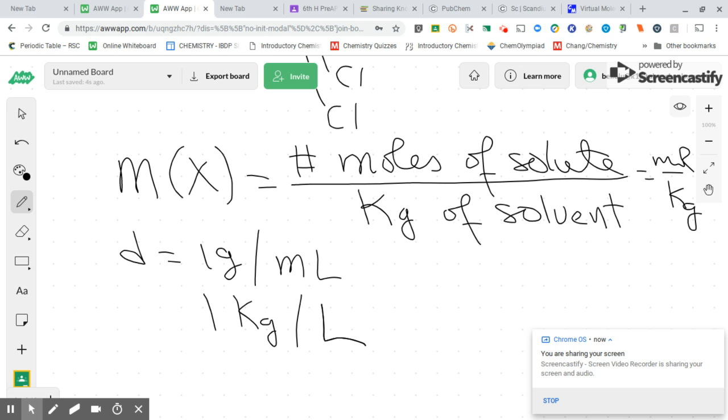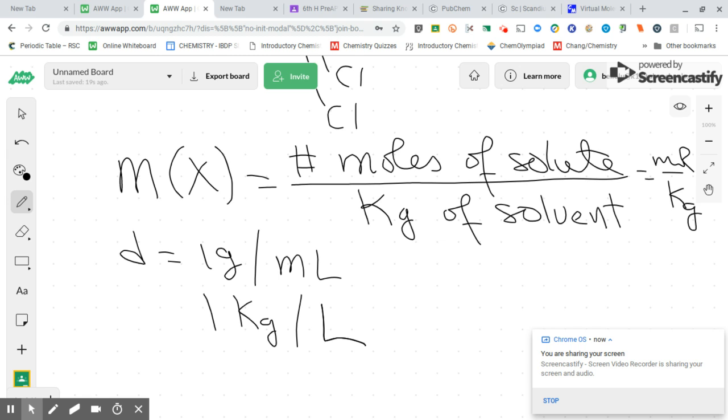That will be the density of water. So sometimes in some problems, instead of giving you the mass of the water, which is the solvent, they say 500 milliliters of water or 500 cubic centimeters of water. So you can easily convert 500 milliliters of water to 500 grams.